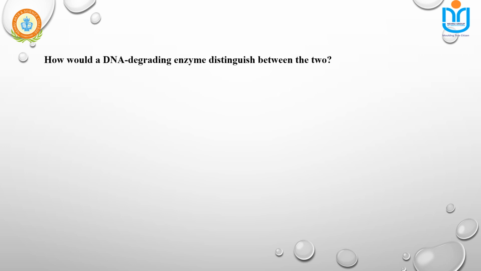Then a question arose: how would a DNA degrading enzyme distinguish between the two, that is, the phage DNA and the bacterial DNA?